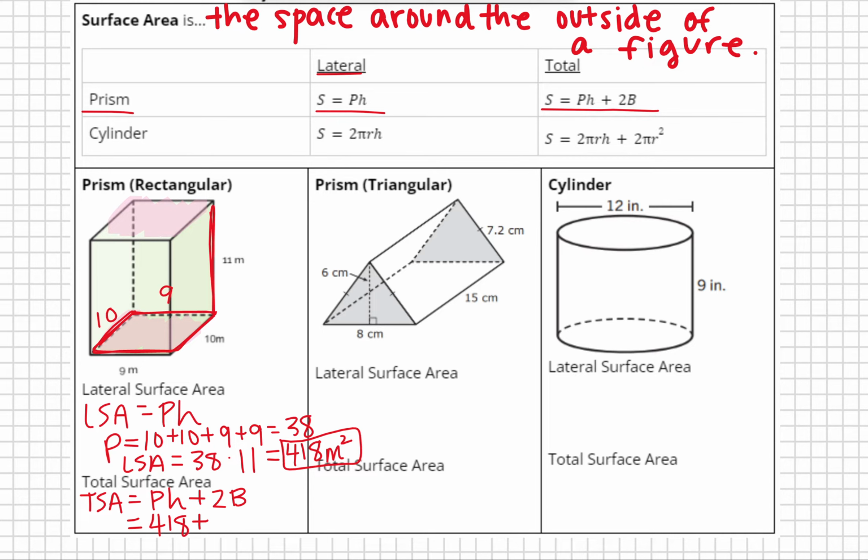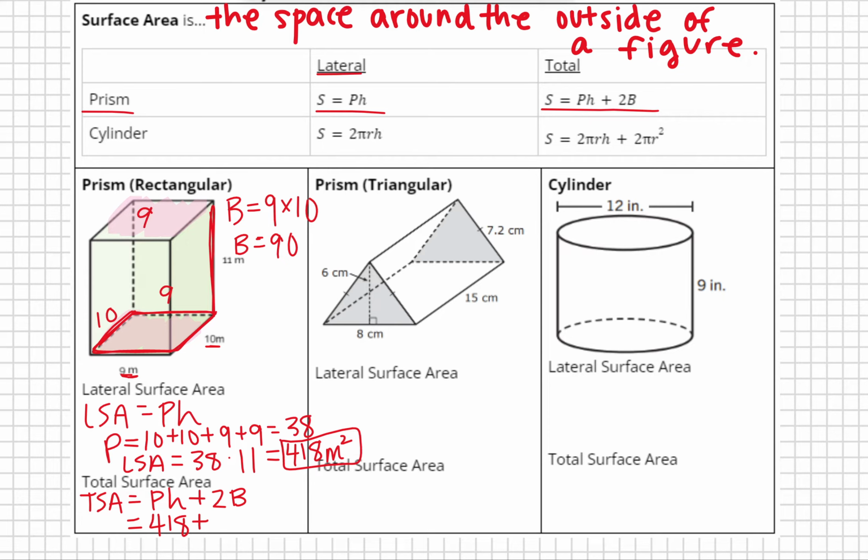Each base is a rectangle, so to find the area of one base, I have to do length times width of the rectangle. So 9 times 10. That gets me 90. So the area of one base is 90 meters squared.